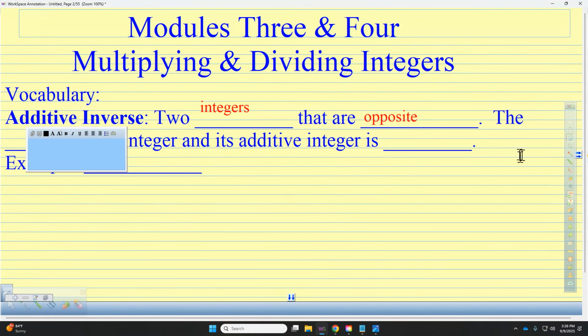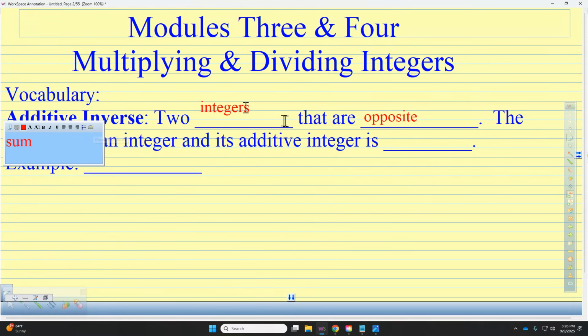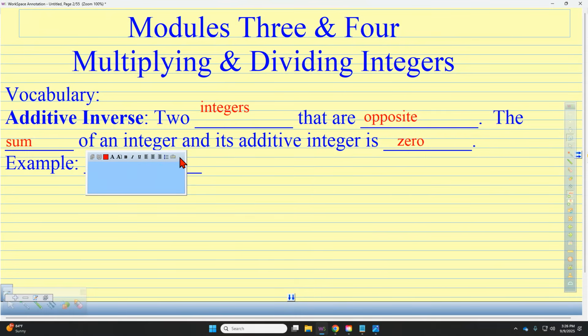Let me go back and fix this. The sum of the integer and its additive inverse is 0. So an example could be something like -5 plus 5 equals 0.